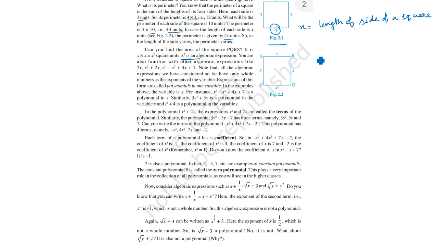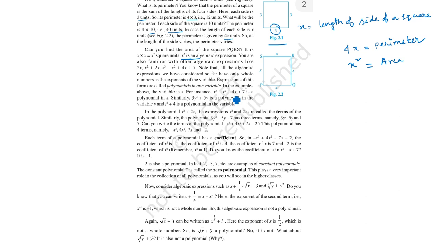So we get 4x as the perimeter and x square as the area. In our real life expressions, there are various applications of polynomials.